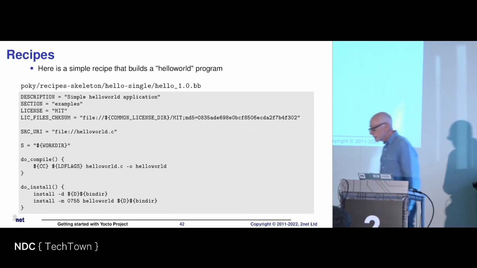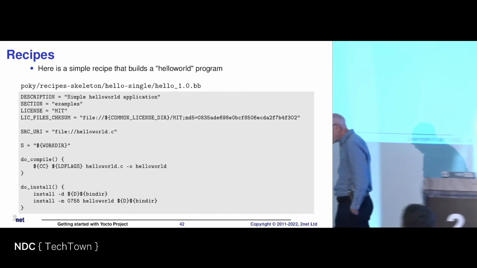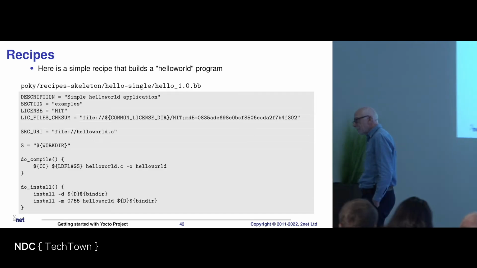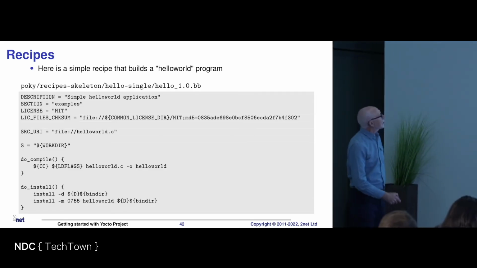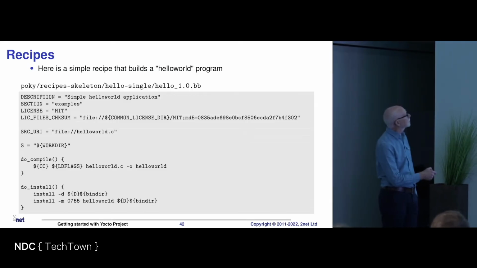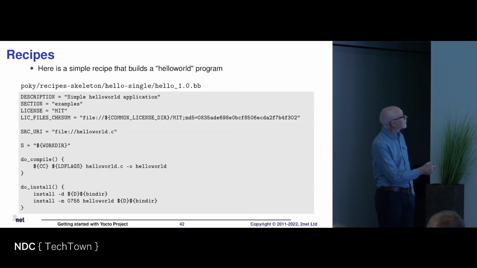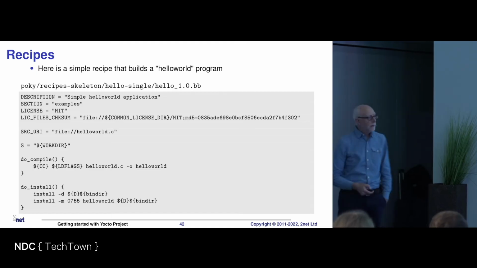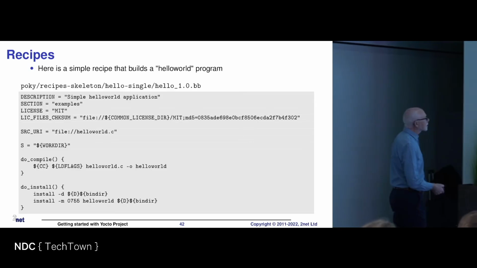So here is a simple recipe, and this is going to build a Hello World program for us. So we start off with some just human readable description stuff. These first two lines are not strictly speaking necessary, but they're handy. Then we have some stuff to do with licenses.